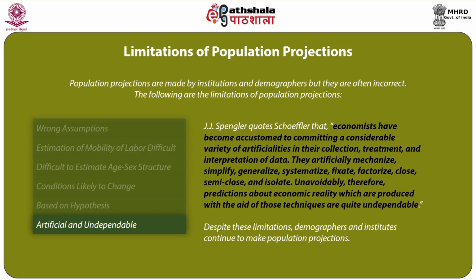They artificially mechanize, simplify, generalize, systematize, fixate, factorize, close, semi-close and isolate. Unavoidably, therefore, predictions about economic reality which are produced with the aid of those techniques are quite undependable." Unquote. Despite these limitations, demographers and institutes continue to make population projections.